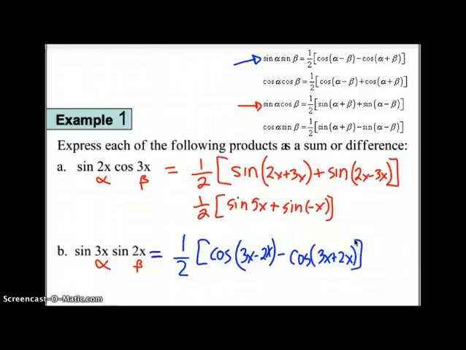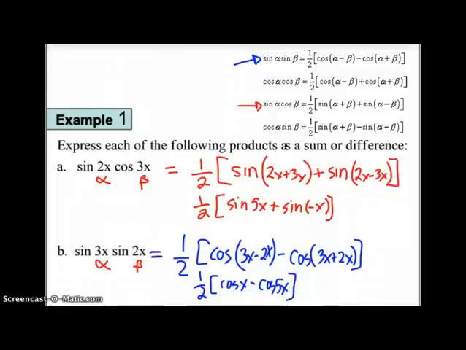And in simplifying this out, I get 1/2 times the cosine of x minus the cosine of 5x. That is all you're going to do on that one. Once again, that's fully simplified.